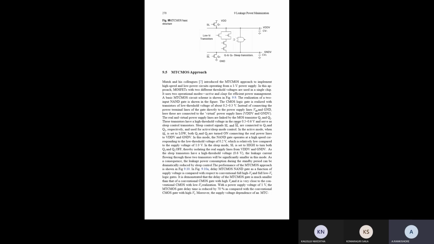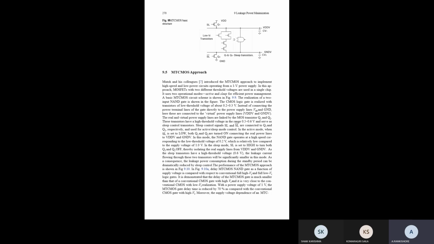The transistors we use may be PMOS transistors and NMOS transistors, and their threshold voltage will be in the range of 0.2 volts to 0.3 volts. So this logic gate is realized with transistors of low threshold voltages of about 0.2 to 0.3 volts.